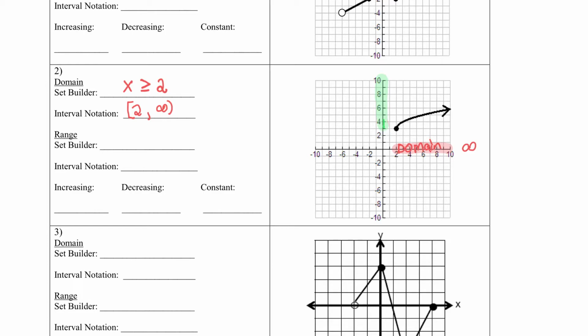The answer is it will never stop, since we have an arrow in our problem for number 2. So we know that it's going to approach positive infinity, and this is going to be your range.